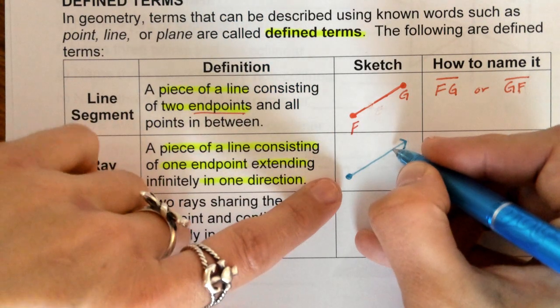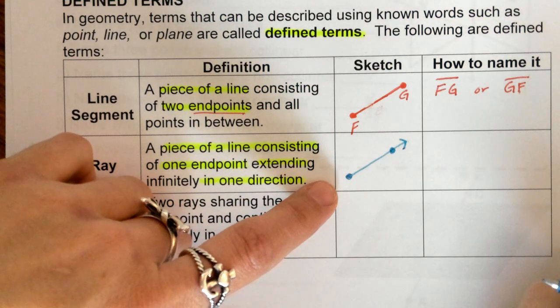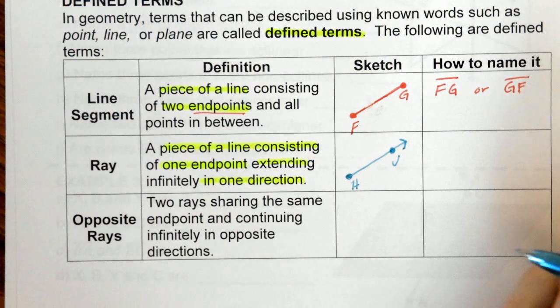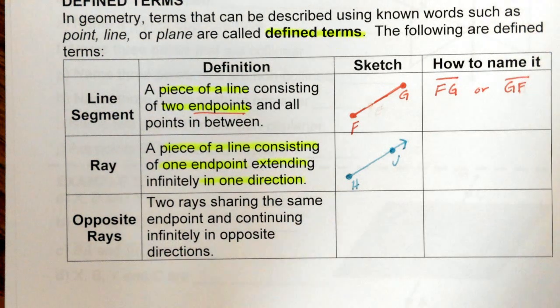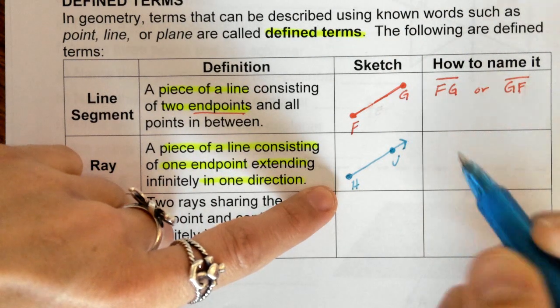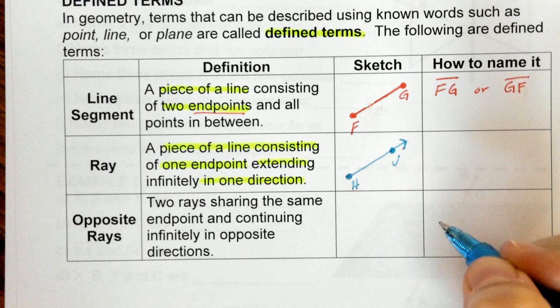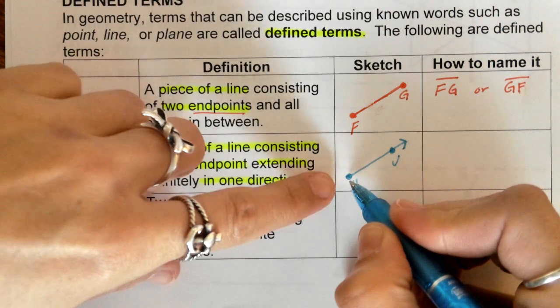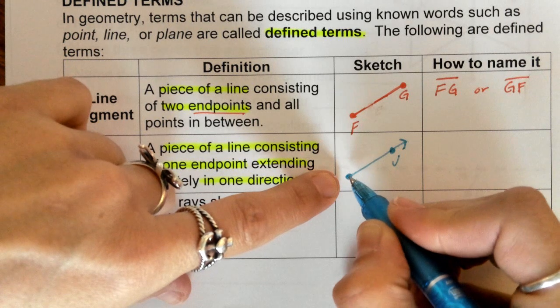Now, in order to name a ray, we're going to have a second point on here. Let's call this H and J. So exactly like with our line and our segment, the symbol that goes over it is going to look like this. It's going to be a ray. Now, very, very specific how you have to name this. The name starts with the endpoint where the ray starts.